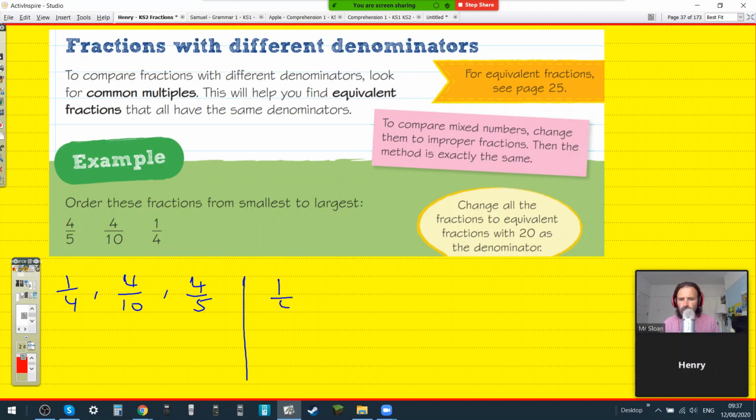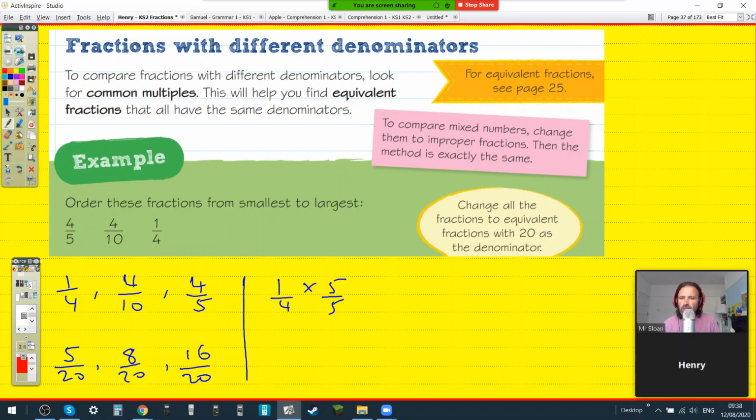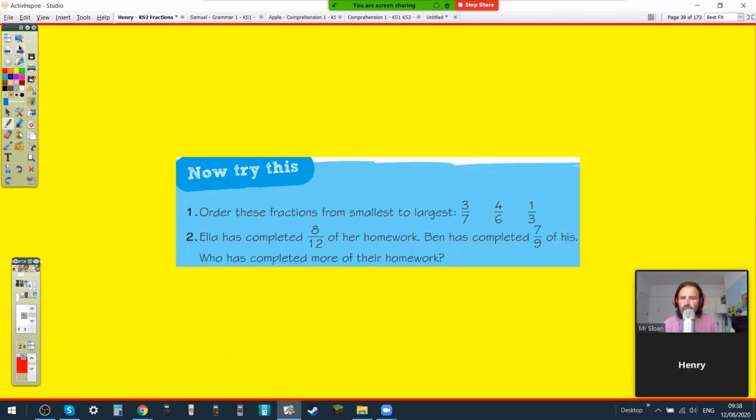So I got 5/20ths, and then I did it for the 4/10ths, and I got 8/20ths, and then I also did it finally for the 4/5ths, which I got 16/20ths. Well done. So that worked out great. Okay, that's good.